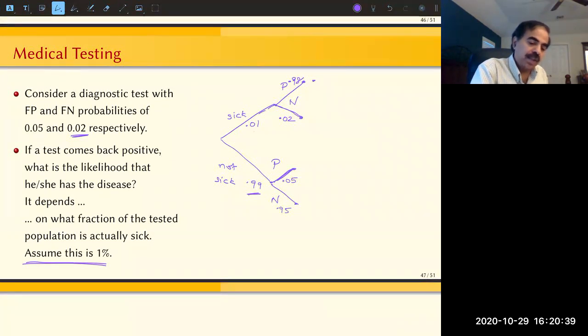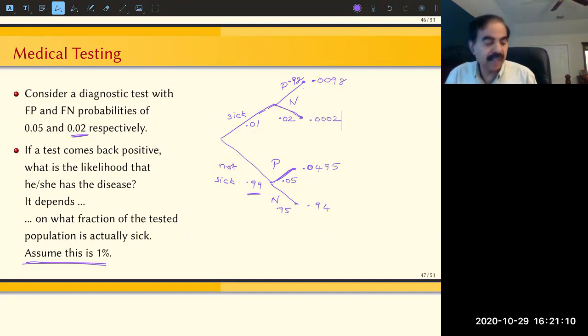We multiply 0.01 by 0.98, so that is 0.0098, and this is 0.0002, and this is 0.0495, and this is 0.94, let's say. I'll approximate: 0.99 times 0.95, I'll say is 0.94.